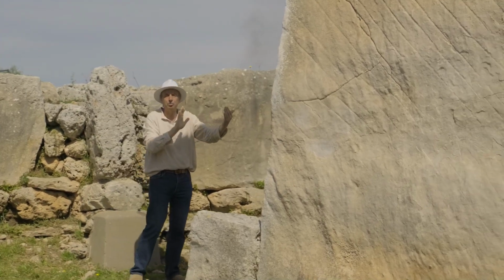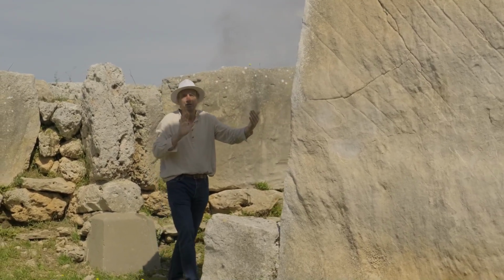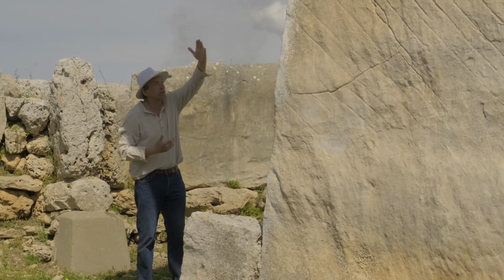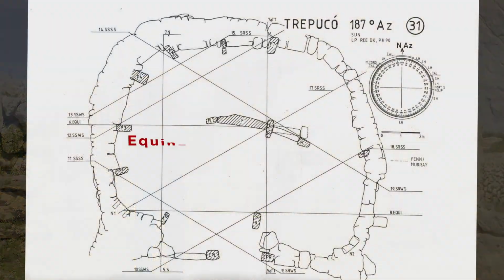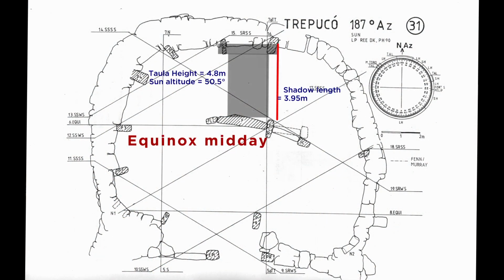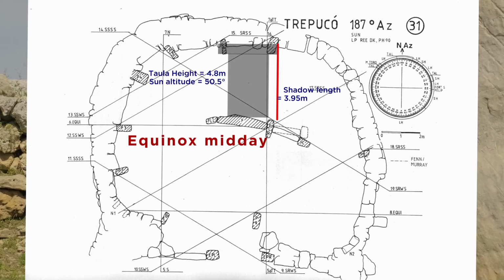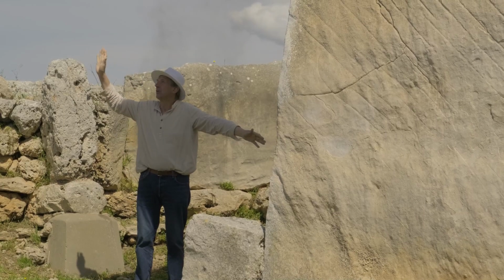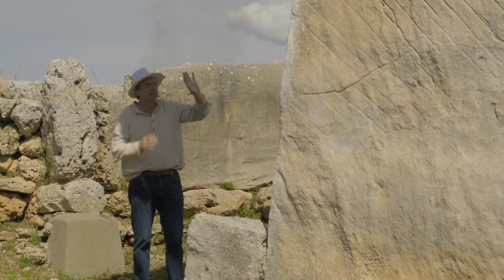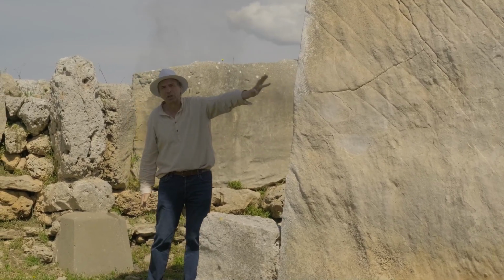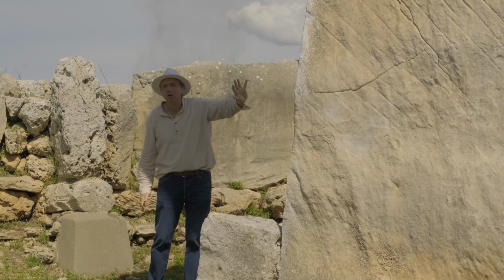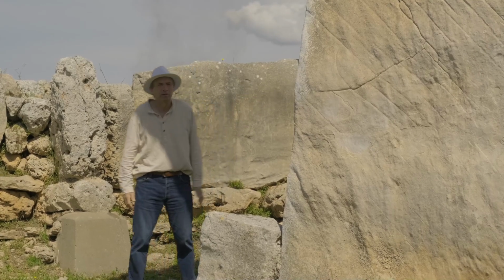And then when we get to midday, the shadow will have the width of the taula directly behind it. And then as the sun gets down and starts to set, then the shadow will be projected onto the other wall, which has now disappeared.